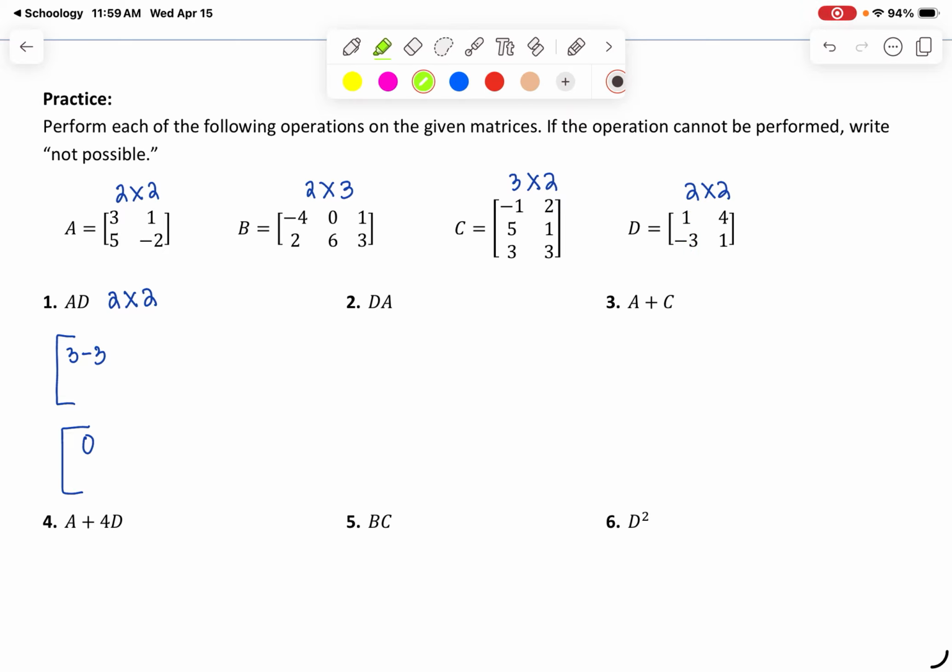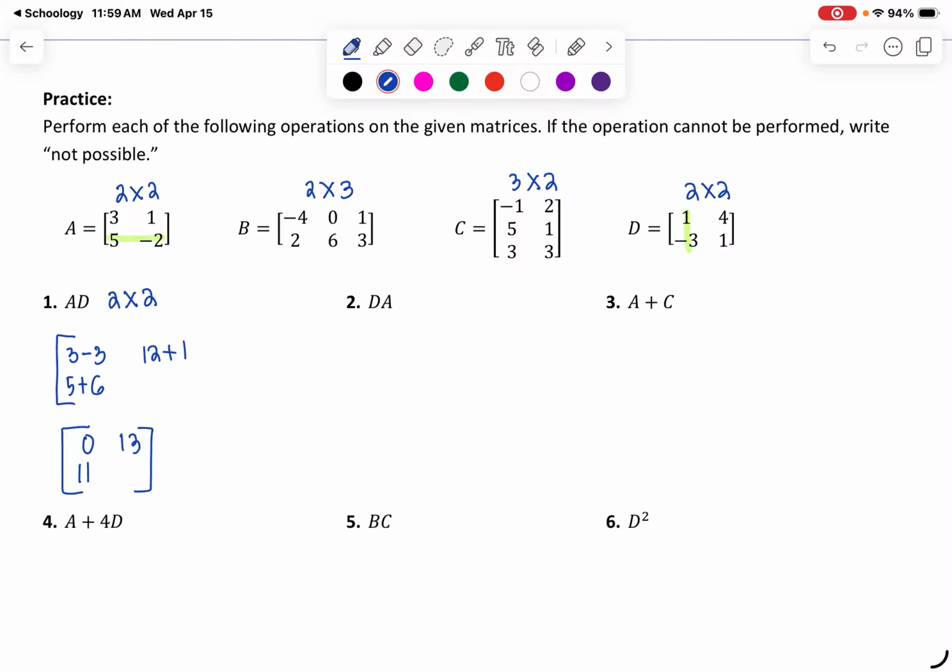Now, I want my row 1, column 2. So row 1 times column 2. 3 times 4 is 12, plus 1 times 1, which is 1. So 12 plus 1, 13. All right, on to row 2, column 1. So row 2 times column 1. 5 times 1 is 5, plus -2 times -3 is +6.